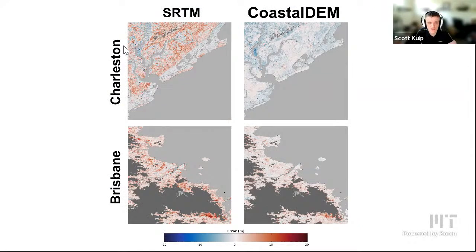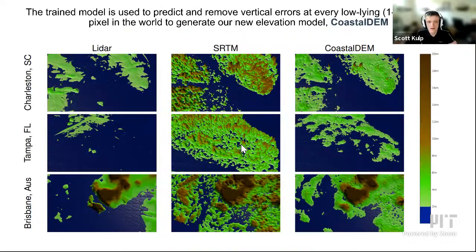These are error maps. This is Charleston again, and this is Brisbane, Australia, from -20 to +20 meters. Again, we see between SRTM and CoastalDEM a dramatic reduction in those high error regions in both locations. And bringing back these visualizations, we can see the result, right?